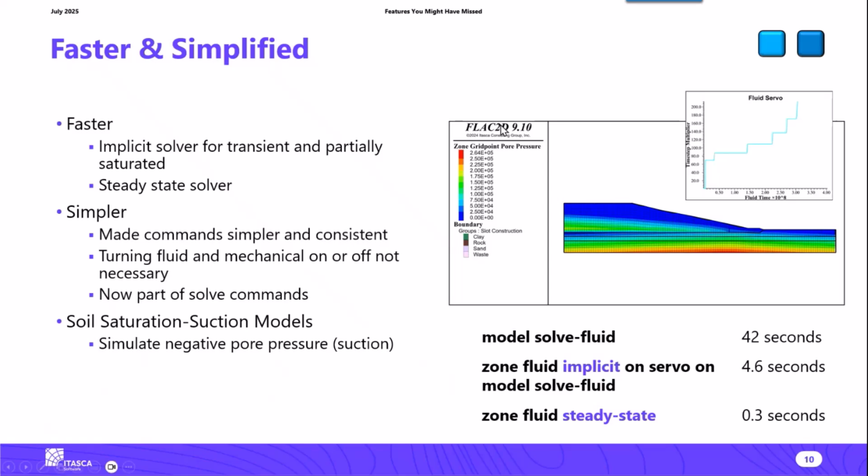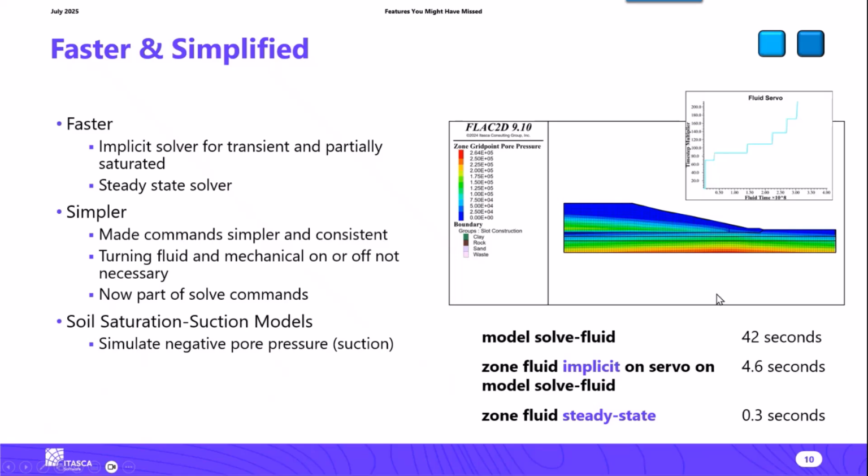If we look at this example, in version 9.0, before we added these improvements, this model takes about 42 seconds to run. Using the implicit solver and a fluid servo, it's about 10 times faster. And if we're not interested in the transient solution and we just want to go right to the steady state solution, we can use that solver, and in a fraction of a second, we have our answer.